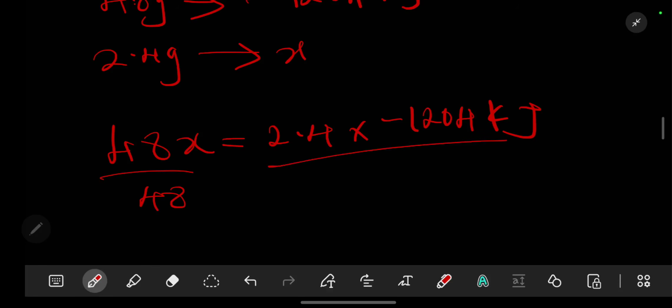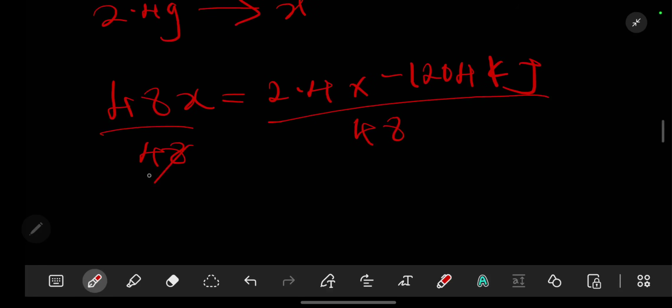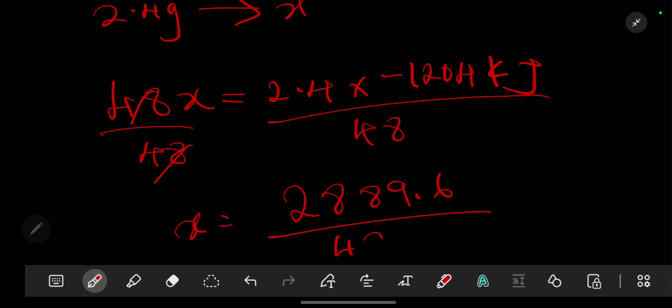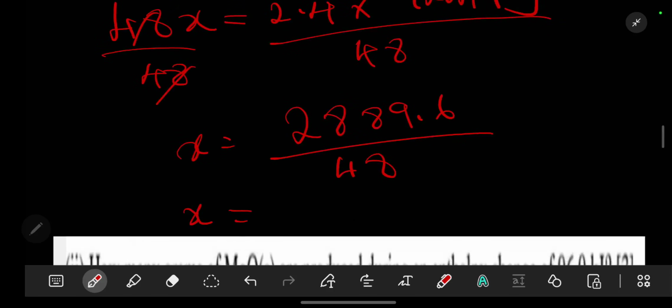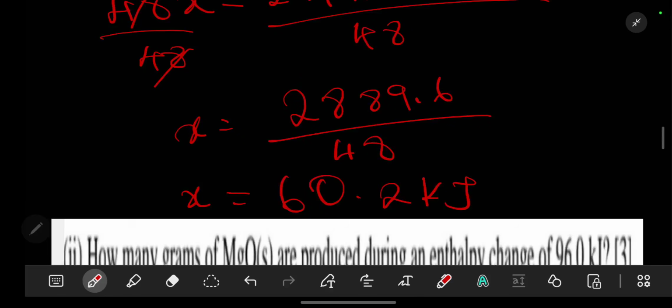Divide this by 48, divide this by 48. 2.4 times 1204 gives us 2,889.6. We divide by 48, and we find that our x value is 60.2 kilojoules. So that's how basically you solve that one.